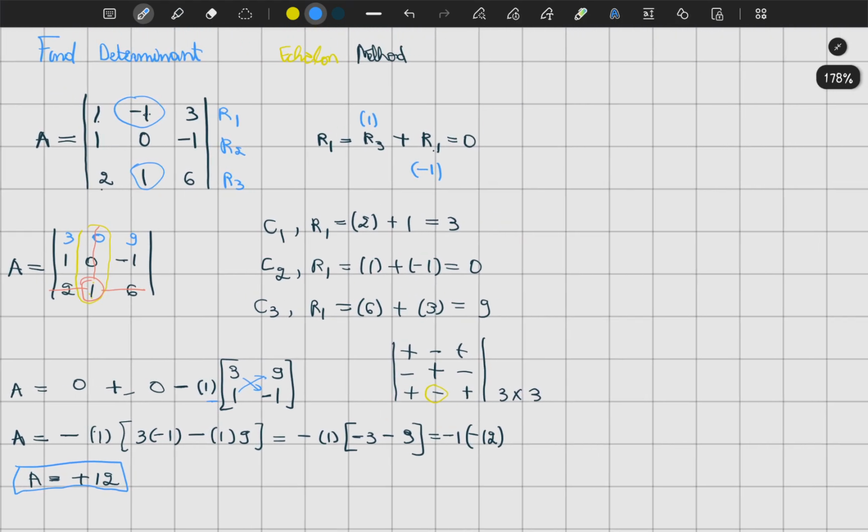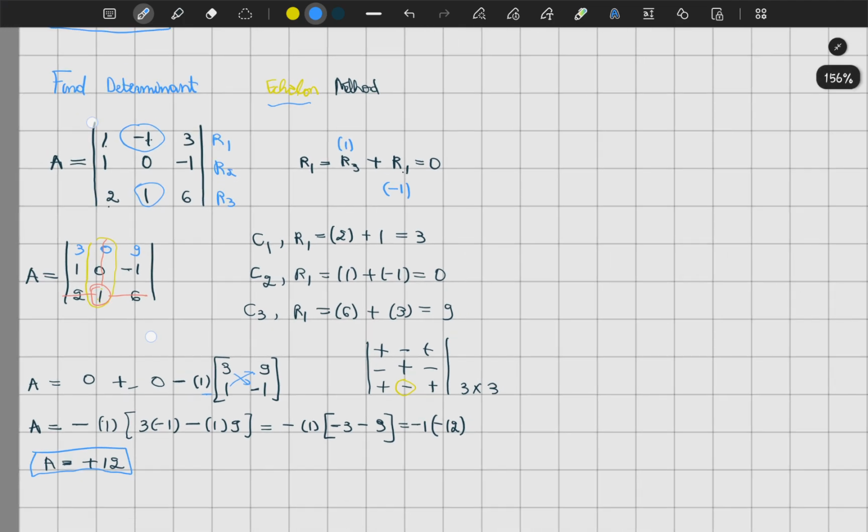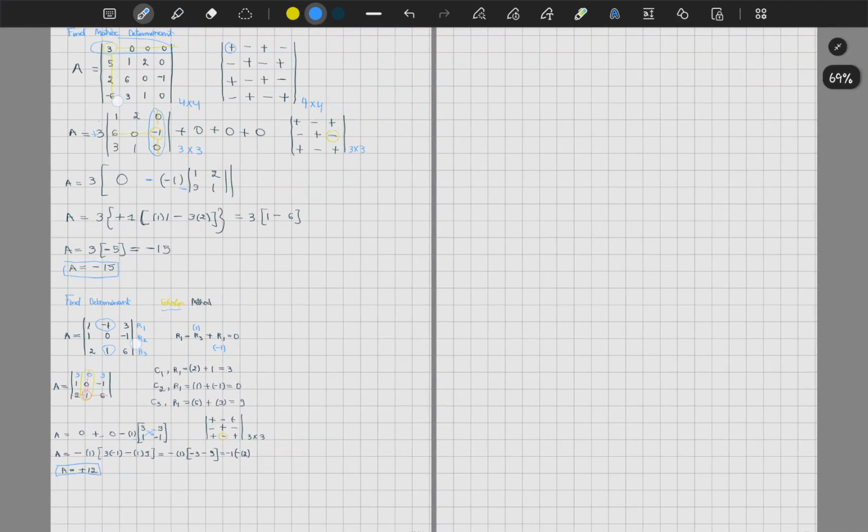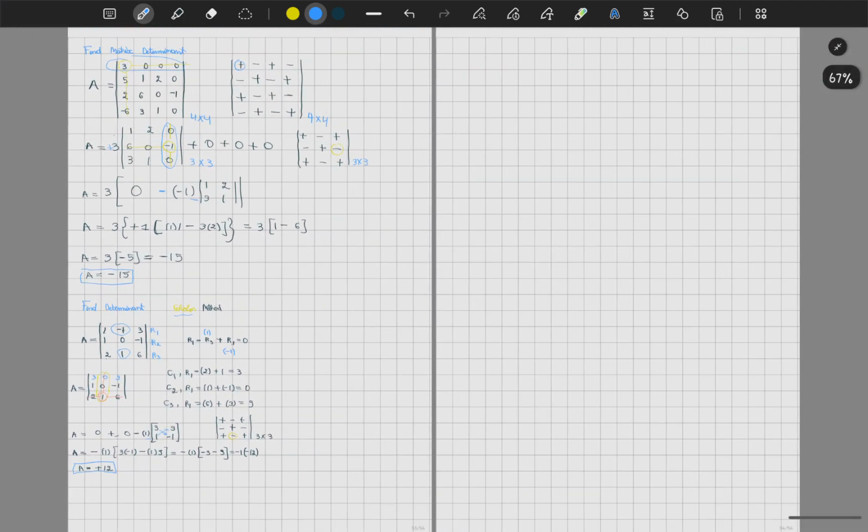We just used simple calculations and used echelon to reduce the matrix, which reduces the calculation we have to perform. If I zoom out, you can see question A and question B, and the way we solved them is an easy and fast way.